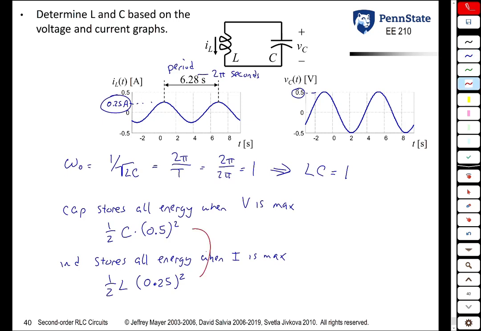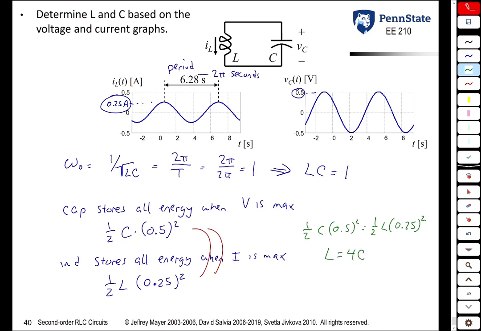These two energies have to be the same. So we end up getting 1/2 C times 0.5 squared has to equal 1/2 L times 0.25 squared. You work out this math, you get that L has to be 4C.